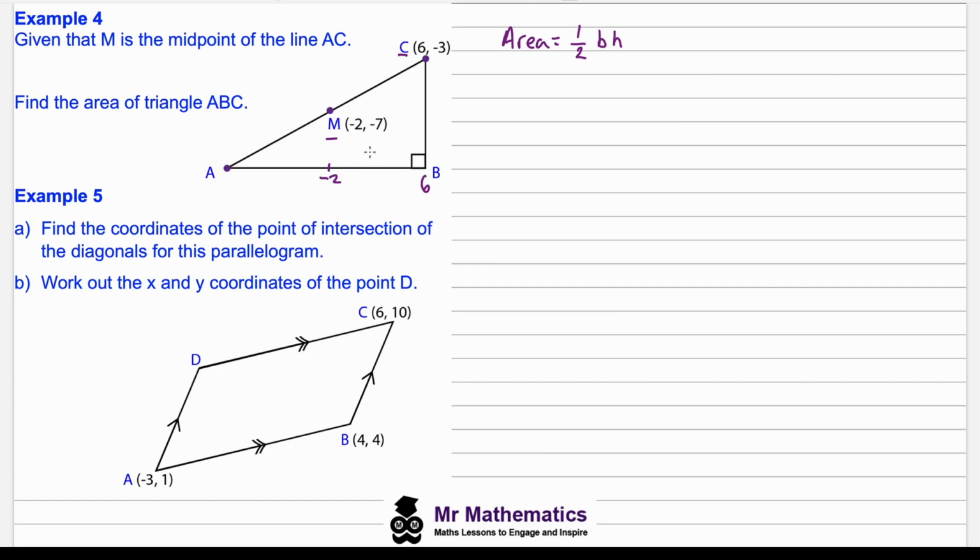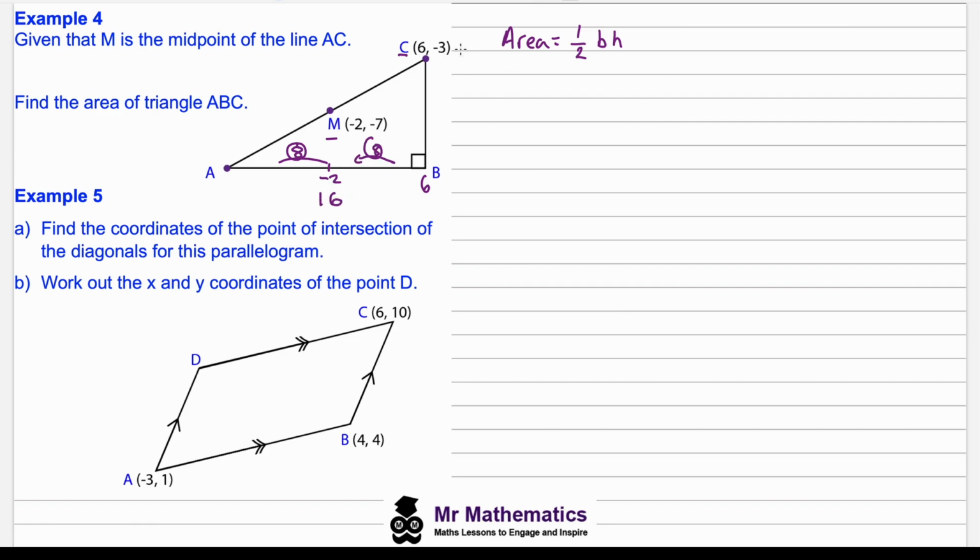So to go from B to the -2, this will have a distance of 8. Then to go from the -2 to A, this will be another 8. So this will make the length of AB, the 8 add the 8, 16.